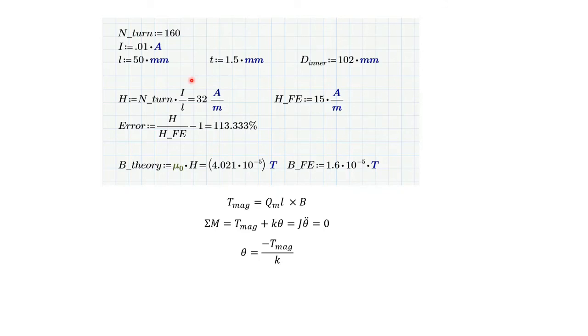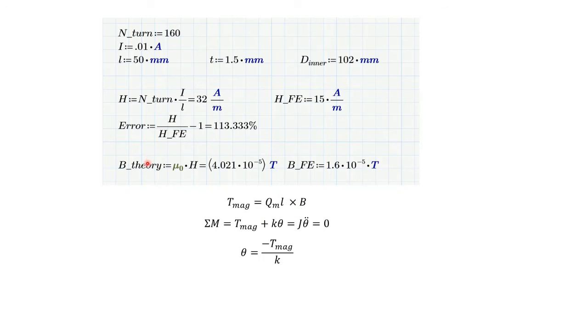I did a calculation from that simple design of a solenoid, which was about 120% off from what I had theoretically. However, we would expect that proportionally, field strength is still directly proportional to the current.